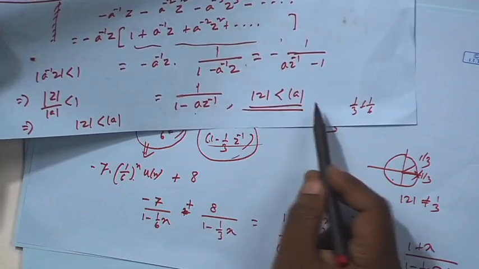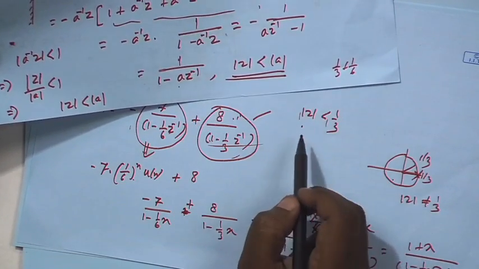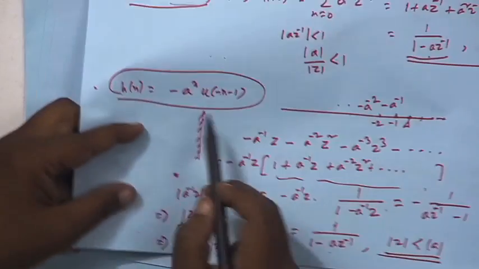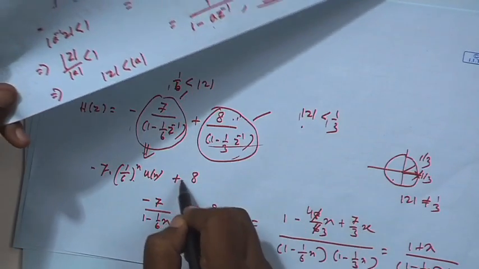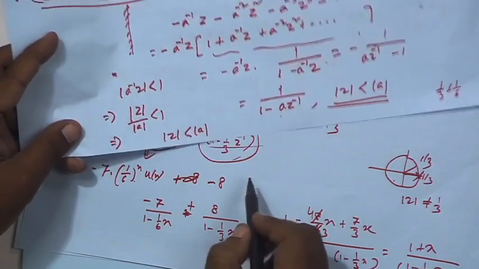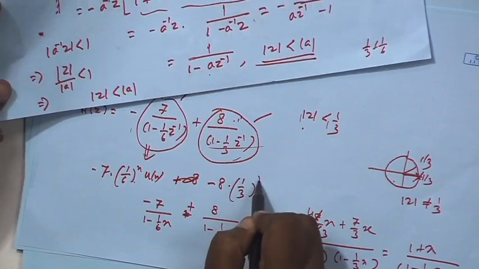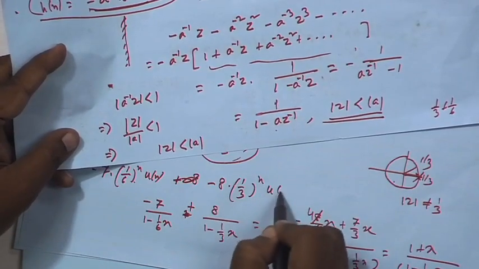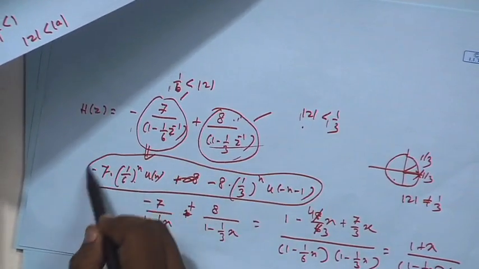So, mod a is same as a, because 1 by 3 is positive real. Okay. So, this will have this kind of sequence as inverse Z transform. So, it will give rise to minus 8 as it is, a to the power n, a is 1 by 3. So, 1 by 3 to the power n u[minus n minus 1], all right.